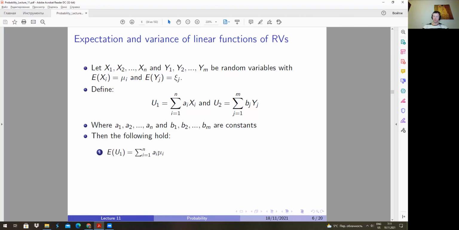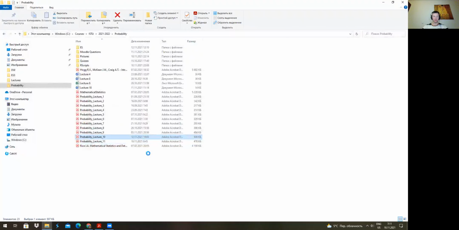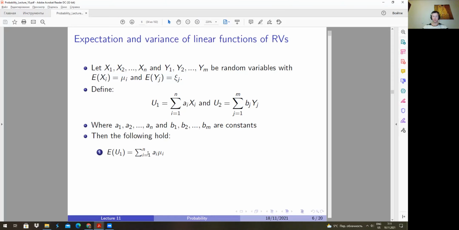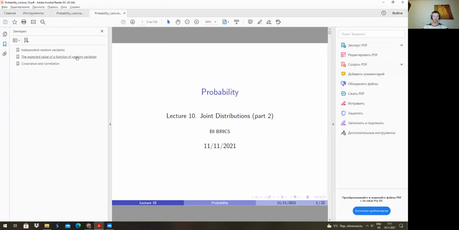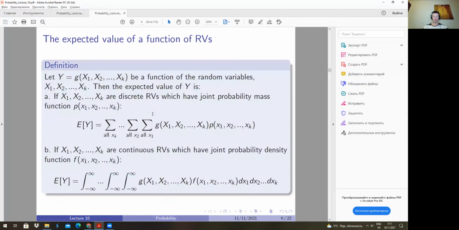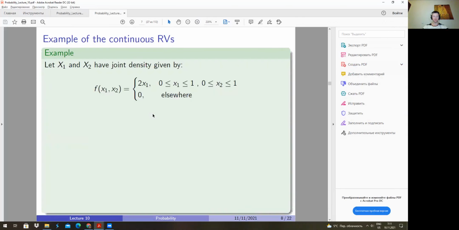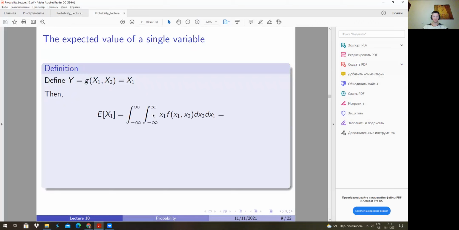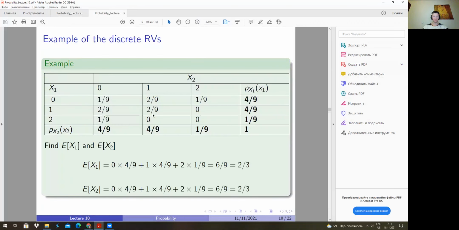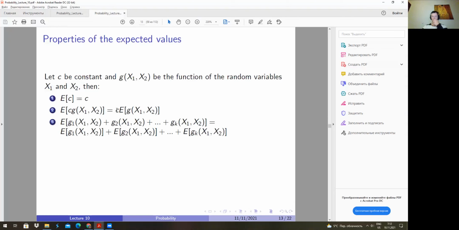This is simple, and let me show you where it comes from. We know this property, it was defined here, if you remember.